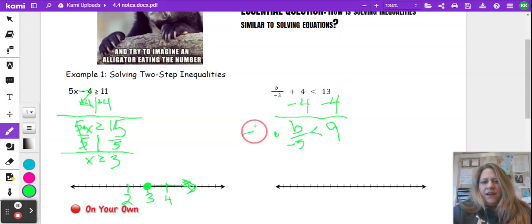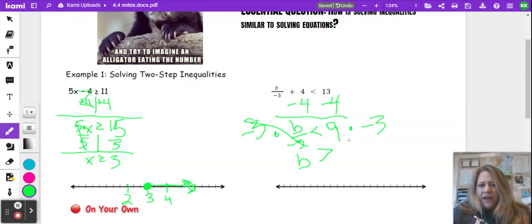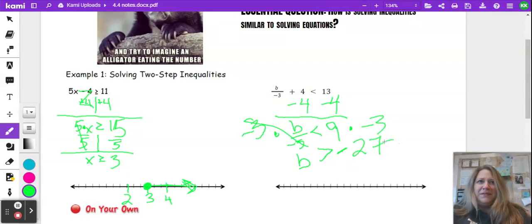And then I multiply by negative 3 on both sides. And cross those off, so then you have b, and you switch the sign because you multiplied by a negative, and 9 times 3 is 27, but it's negative 27? No, is that right? Yeah? Sorry, that's me talking to Ms. Kuklo.